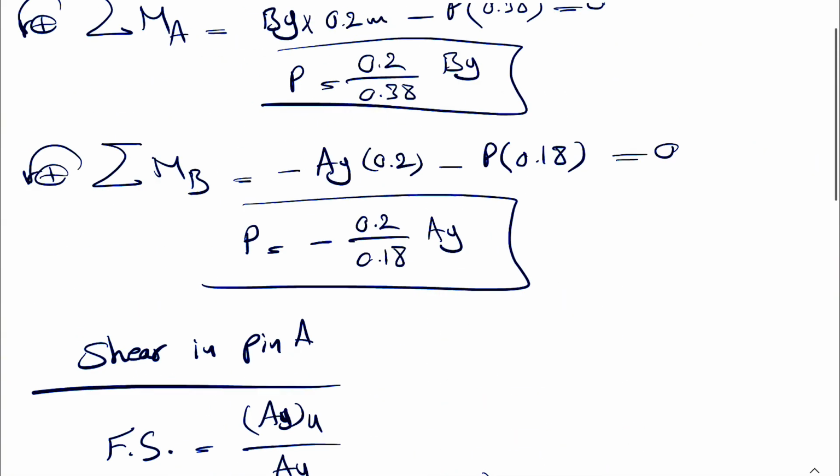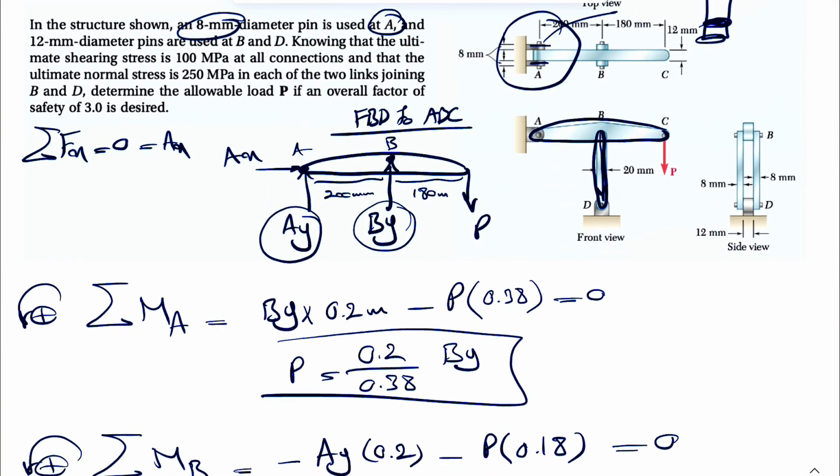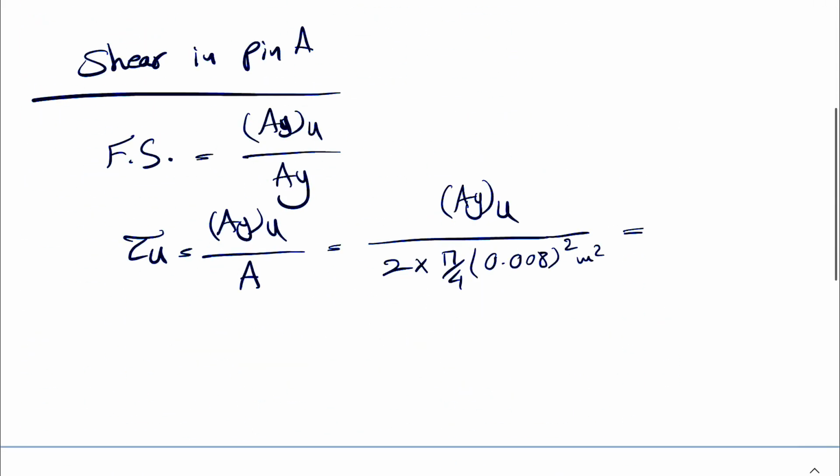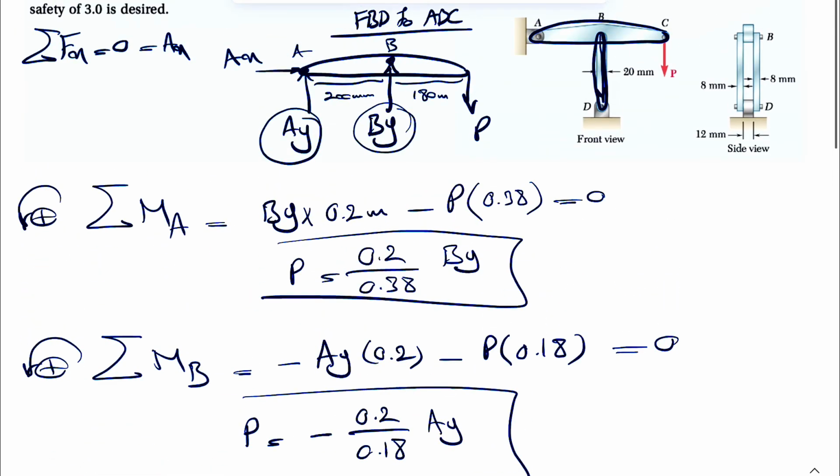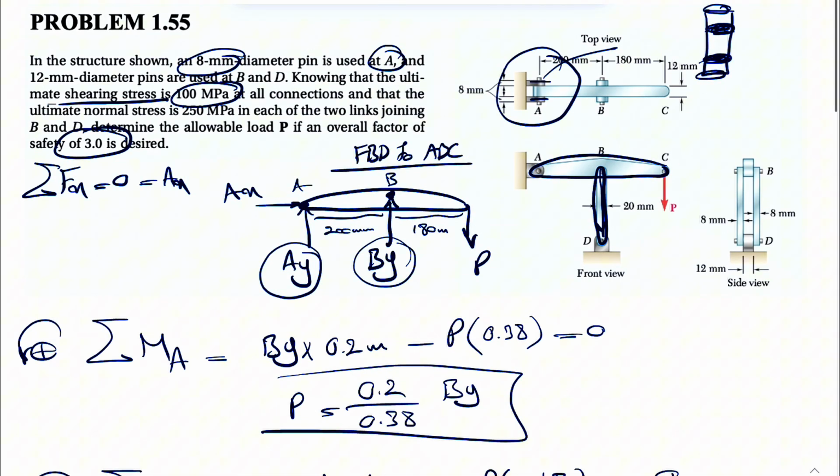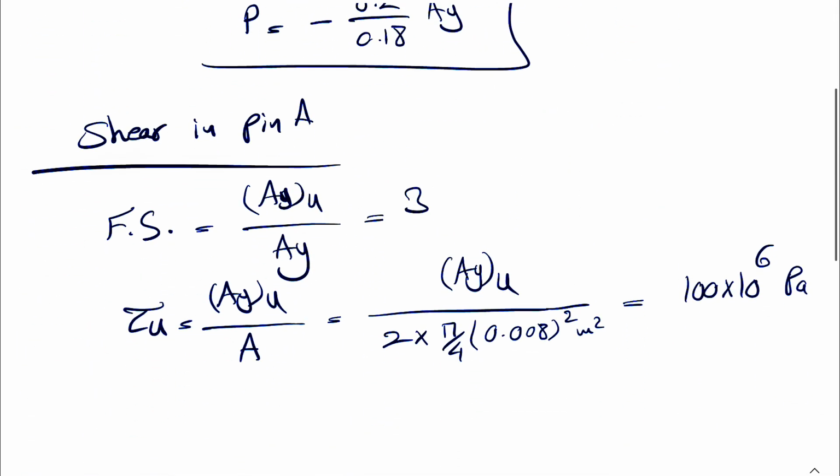And the ultimate shear, we have this as a given in the question too, the shearing stress is 100 megapascals. So this will be equal to 100 times 10 to the 6 Pascal. That should give us the force in newtons. We also know the factor of safety in this question is 3. If you get back to the end of the question, it says that the factor of safety is 3.